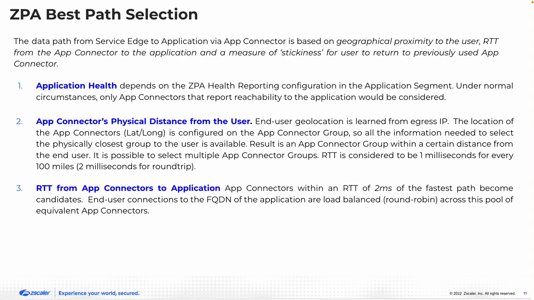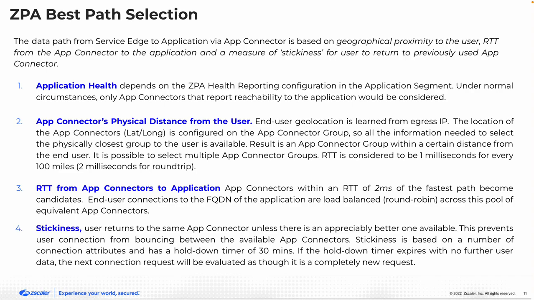The resulting pool is all paths involving eligible connectors with app reachability that are within 200 miles of the client and within 2 milliseconds of the lowest connector to server round-trip time. From those remaining paths, ZPA randomly selects a path. And finally, ZPA creates a sticky cache for this decision, which is valid for 30 minutes from the last access.